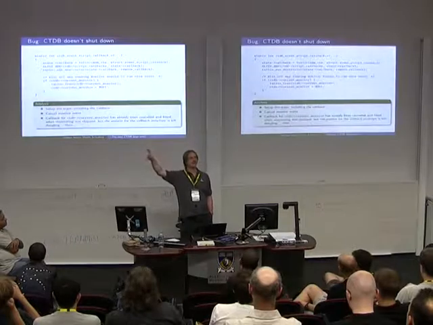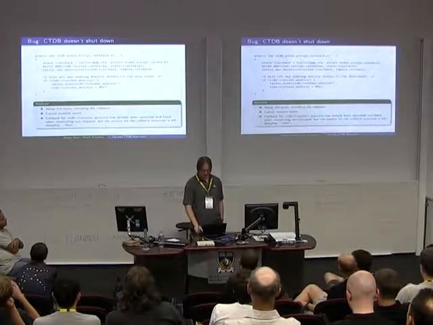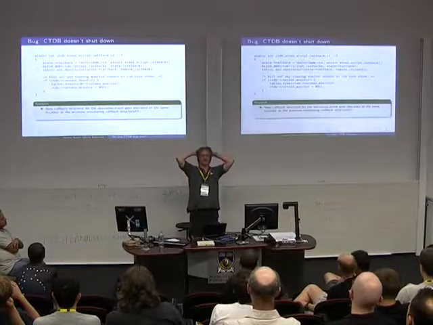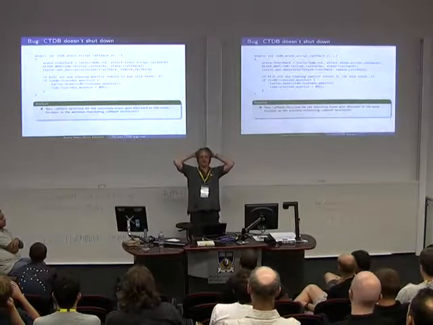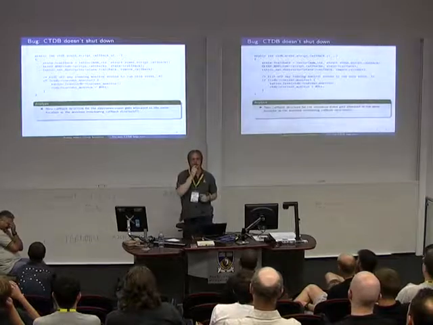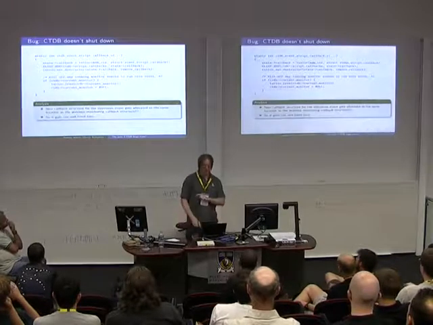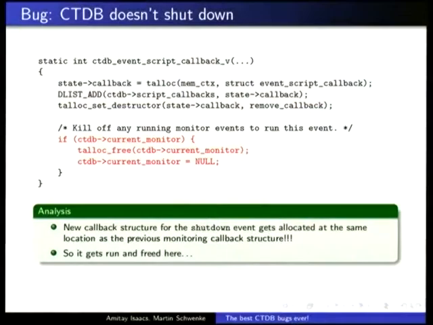It's just hanging out there. And the new callback structure gets allocated at exactly the same place. So it gets run and freed there, the first time we call this function, during the monitor cancellation, and hence the calling code spins forever.